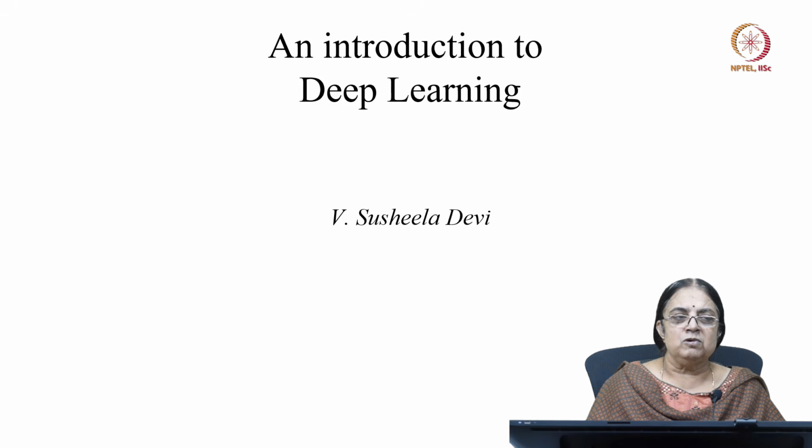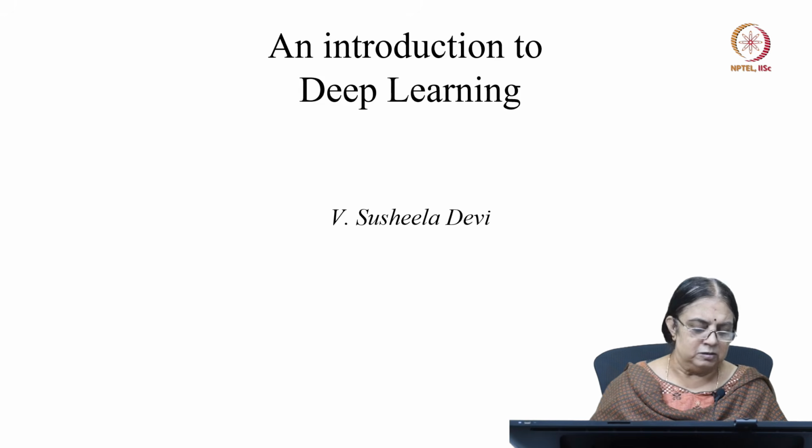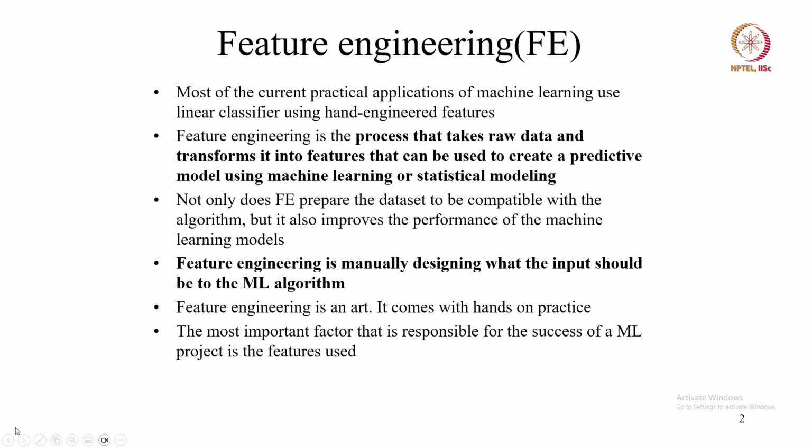So I'm going to concentrate a little bit on some of the deep learning architectures which are there. What we need to see is what is feature engineering, because if you look at any machine learning algorithm, it consists of patterns which have some particular features, and depending on the feature values, you will be able to say what is the class label of that pattern.